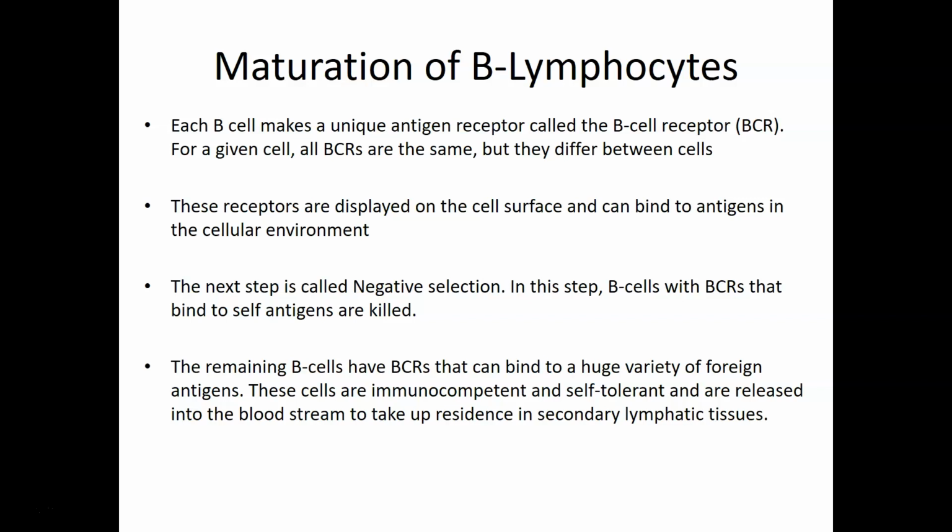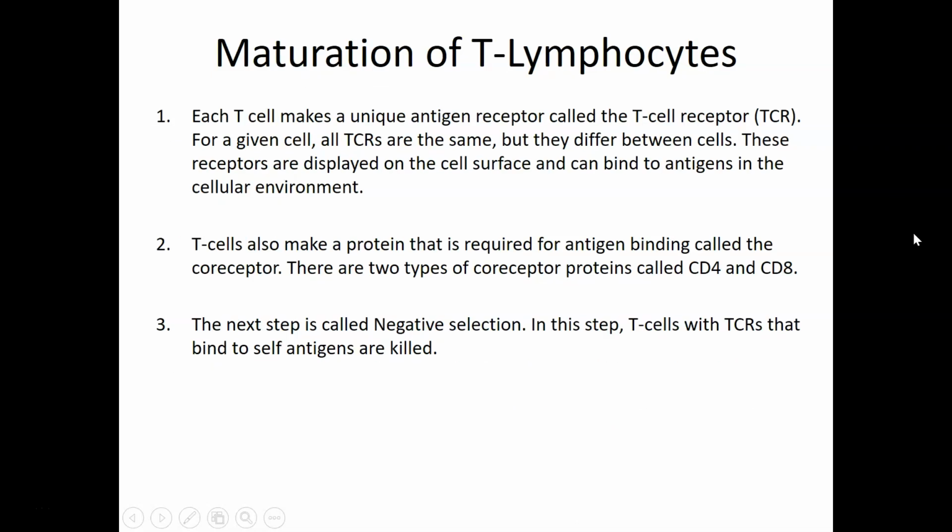The remaining B cells that pass that selection have functional B cell receptors that can recognize a potential foreign antigen, so they're immunocompetent in that way, and they're self-tolerant. We know that they're not going to recognize normal self-antigens. Those get released, and those are the B cells that are going to carry out immune surveillance in the lymphatic organs and tissues. For T cells, some of the same steps are involved.